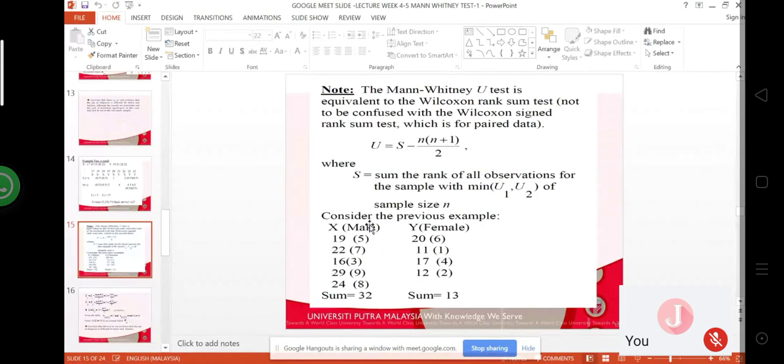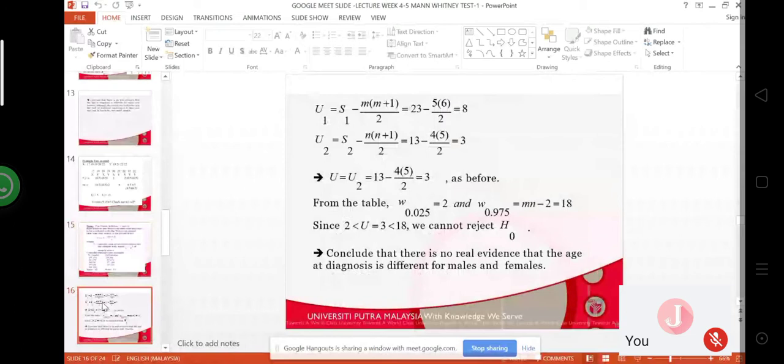So then you get S, the sum for the first sample: 5 plus 7 plus 3, 32. And the sum of the ranks of the second sample, you get 13. Next, in general, I write how to get U: S minus N times N plus 1 divided by 2.